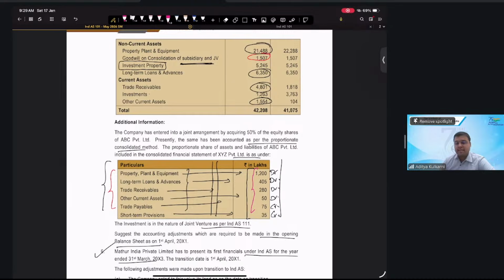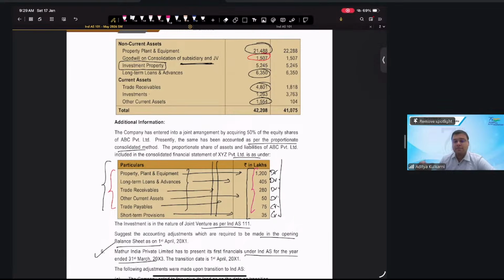Parent does not have its own trade receivables. Whatever is there is of the joint venture and the subsidiary. Other current assets, parent has nothing of its own. Trade payables, parent has nothing of its own. Short-term provisions, parent has nothing of its own. Yes or no? Yes. This is one assumption that is done.